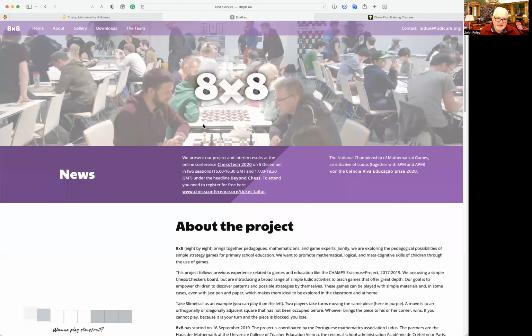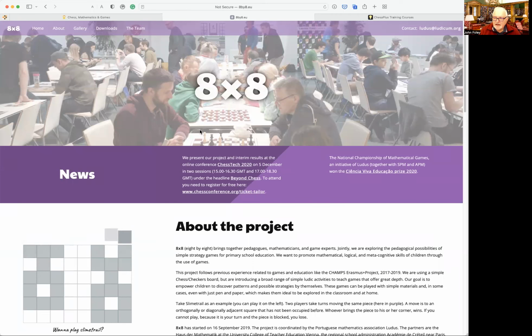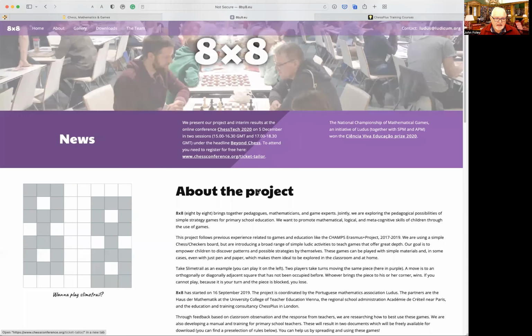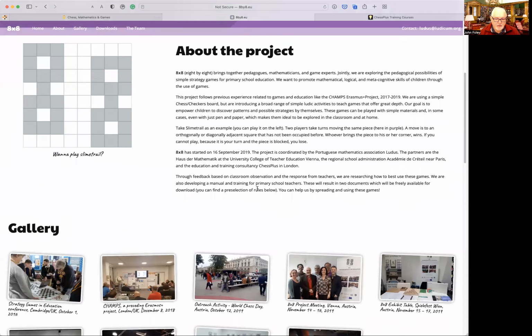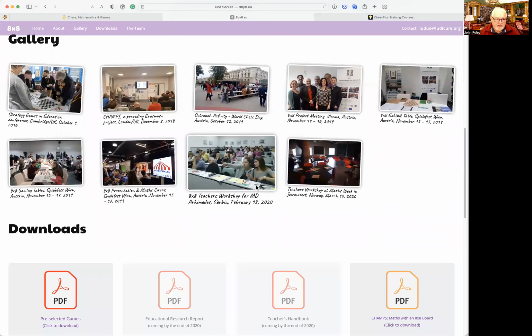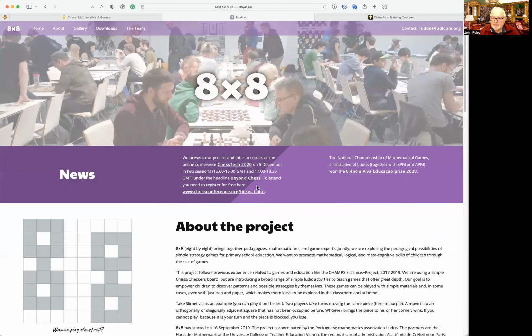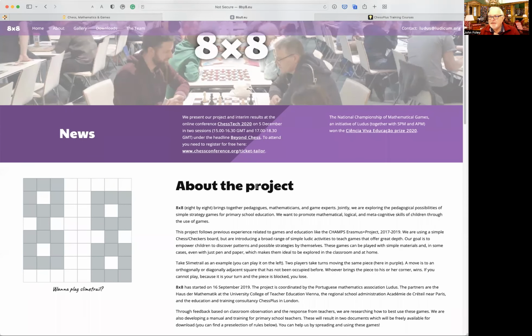Now there's a project that is underway with the European Union, funded by Erasmus Plus. It's been going on actually since 2019. This is a multinational project: Portugal, England, Austria, and briefly France.